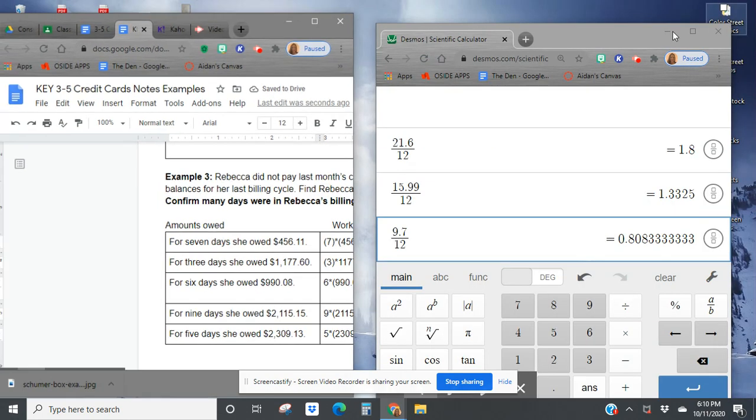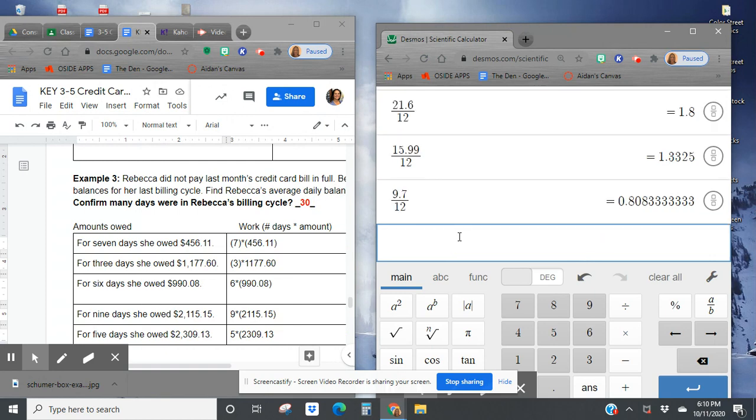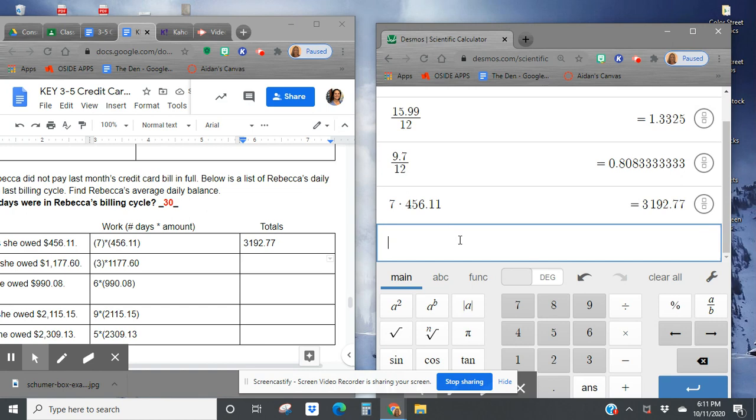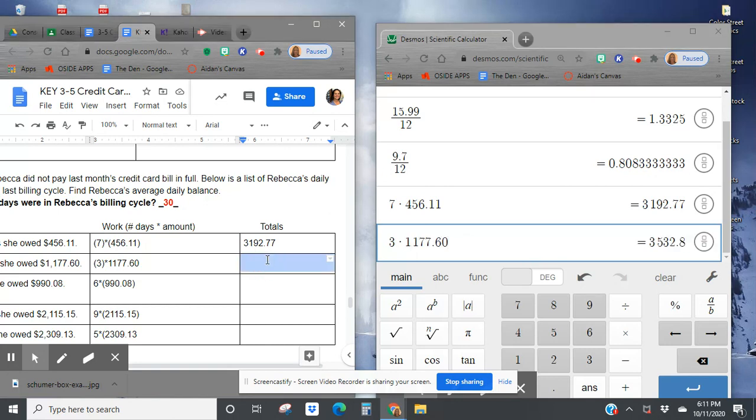So here we go calculating. 7 times $456.11 is $3192.77. 3 times 1177.60, I'm getting $3532.80.